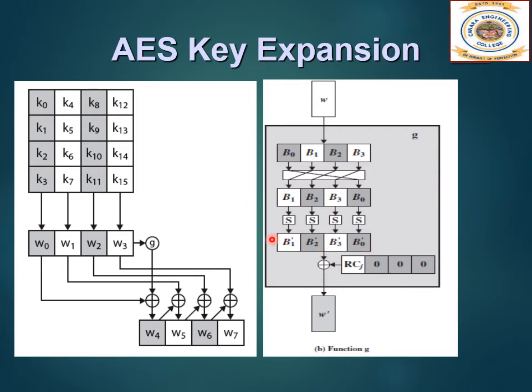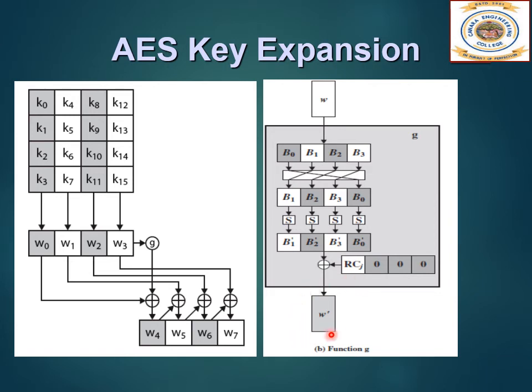Now after the substitution box stage, whatever output we get, that is 4 bytes, is XORed with this. You check, this is the round constant RC of j, and the 3 bits are always 0, but this RC of j will change in each and every round. That is, we have 10 rounds, so in these 10 rounds RC of j is different for each and every round.